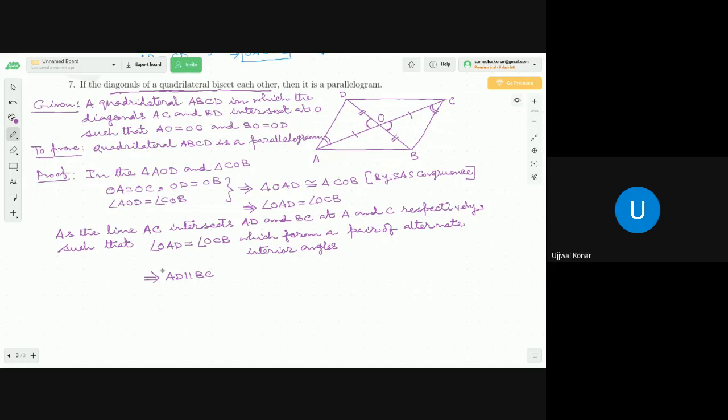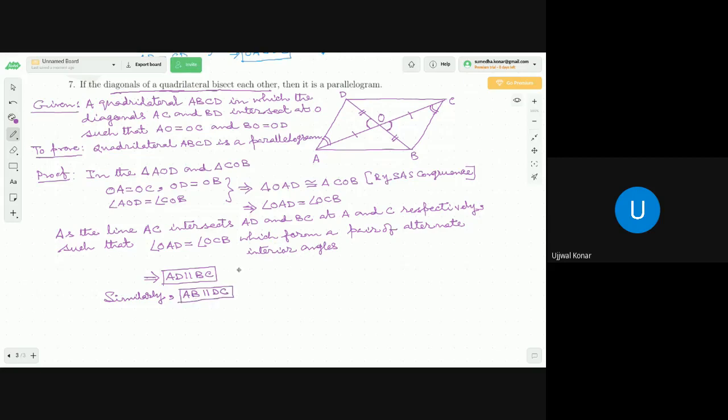In a similar fashion, similarly I can write that AB is parallel to DC. Okay.